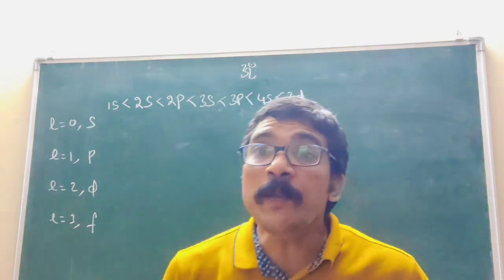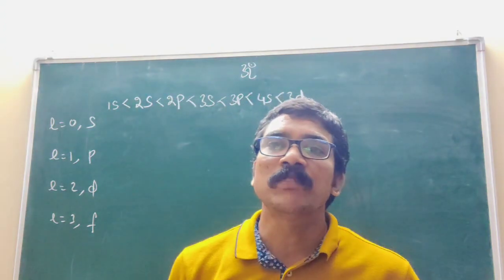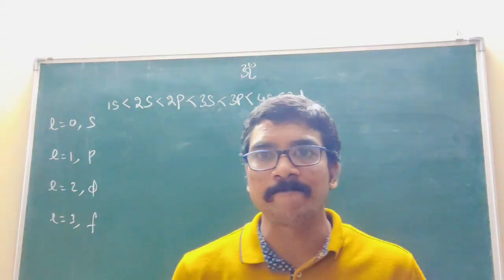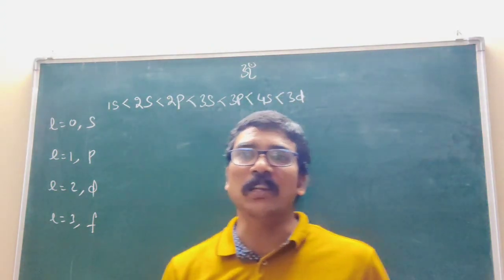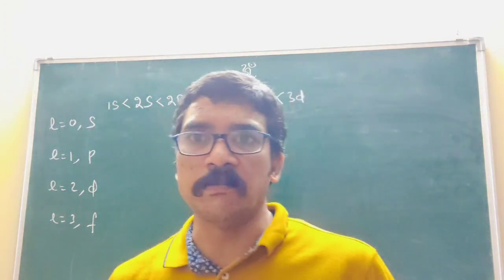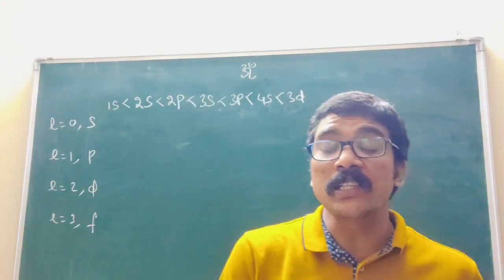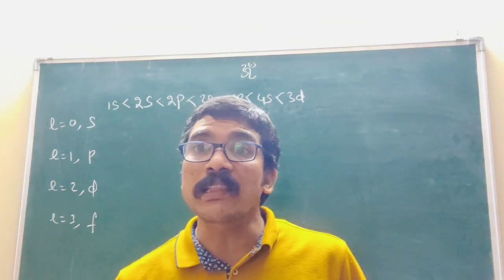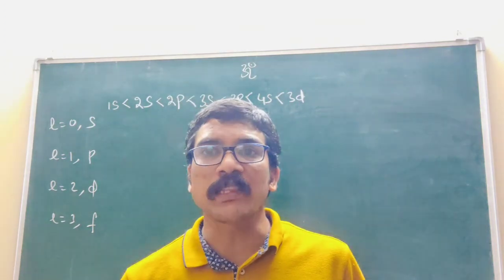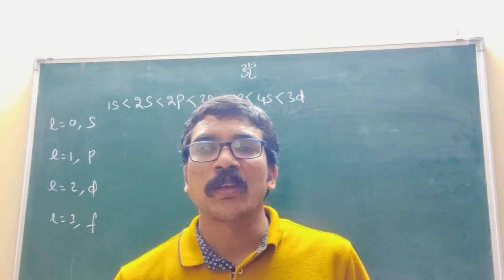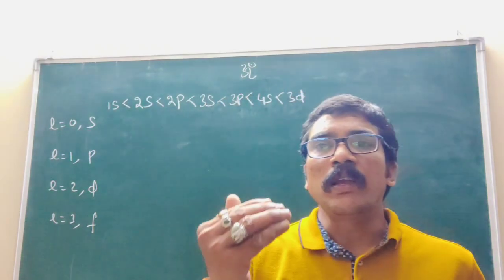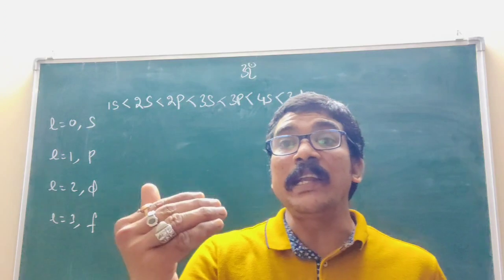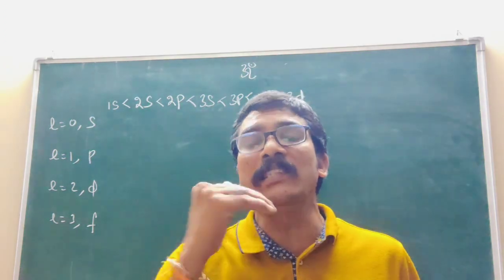In the 3B group, what are the elements? The first element is scandium, the next is yttrium, then lanthanum, and actinium.